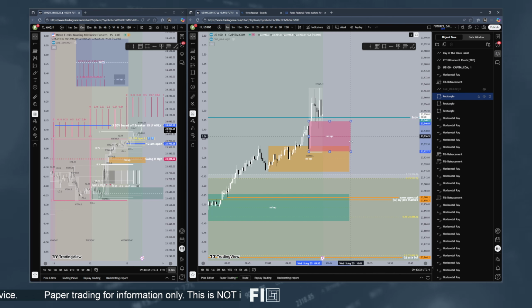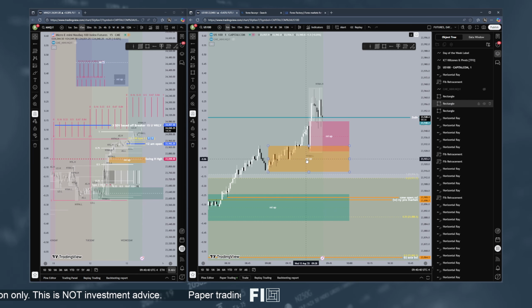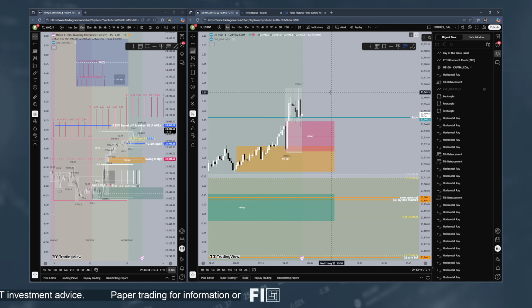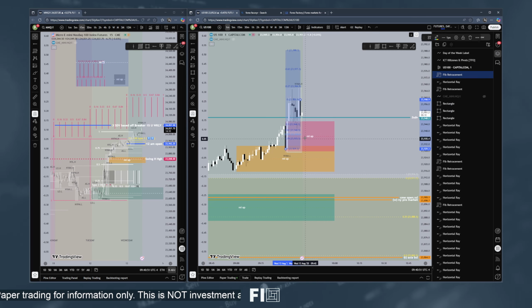I'm getting a little ahead of myself, but this is what I will be referring to. And it's stacked up again with this lower swing. So I'm interested in seeing this act as an OTE entry again in the future and seeing if that will take us higher up.